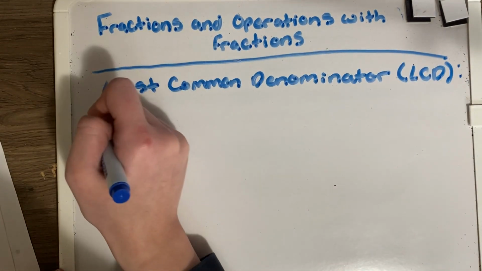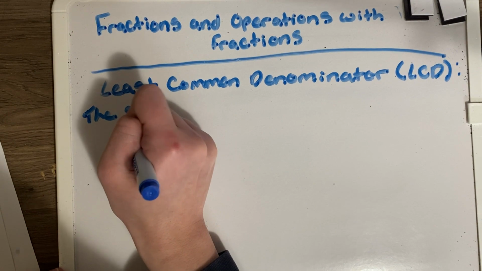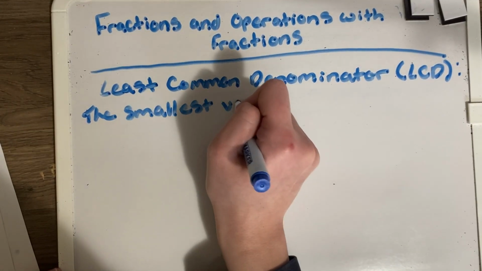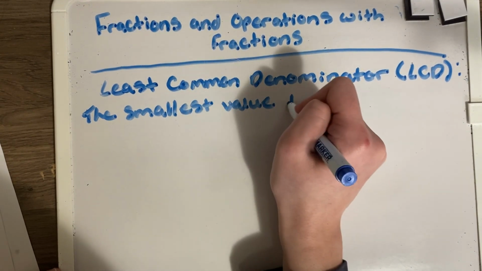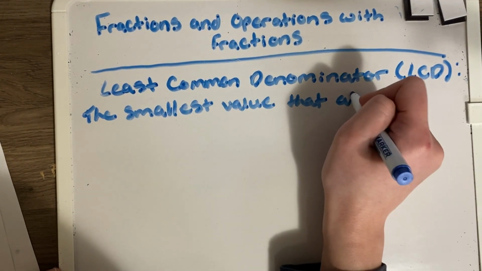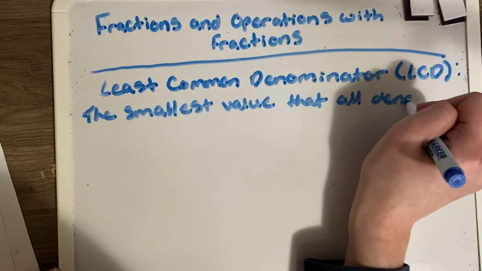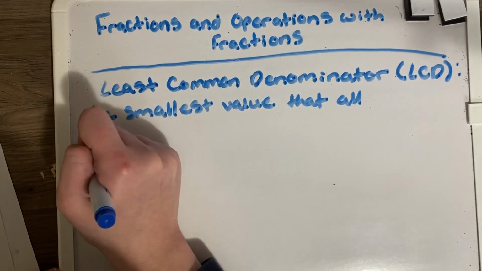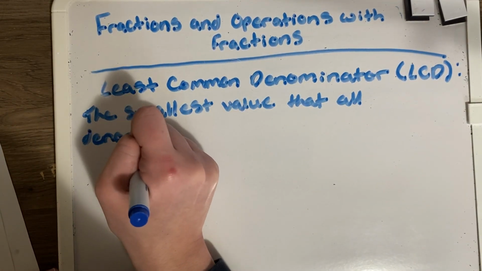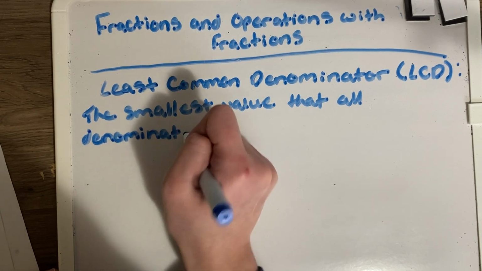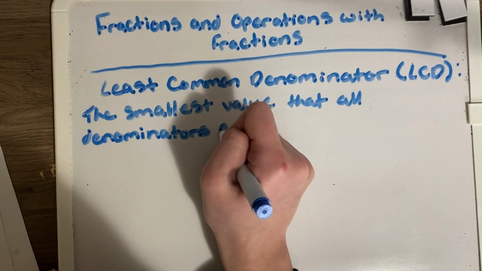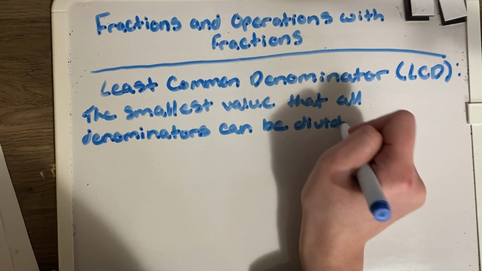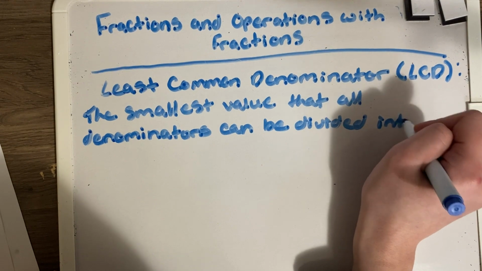And what this is, it's the smallest value that all denominators can be divided into equally.